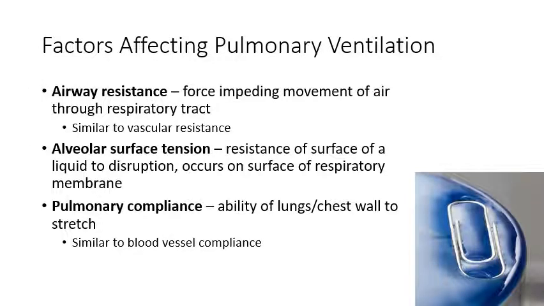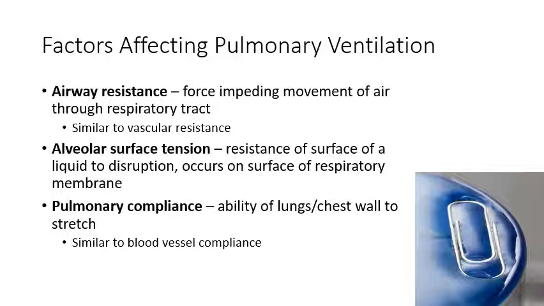So now we'll go through the different factors that affect pulmonary ventilation. You have three main ones: airway resistance, alveolar surface tension, and pulmonary compliance. Airway resistance is really similar to vascular resistance, which, as you remember, was the force that opposes the movement of blood through the blood vessels.